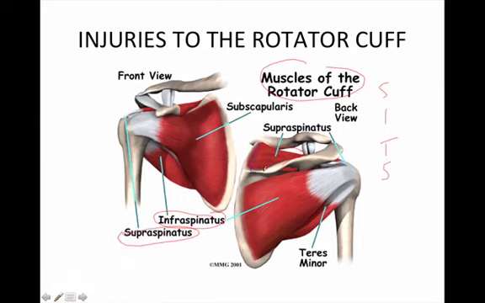Infraspinatus, teres minor, which is down here, attached to the humeral head, and then the S here stands for subscapularis. So this is the posterior view, right here. This here is the anterior view. So this subscapularis is actually on the anterior portion of the body, and it's behind the pecs.